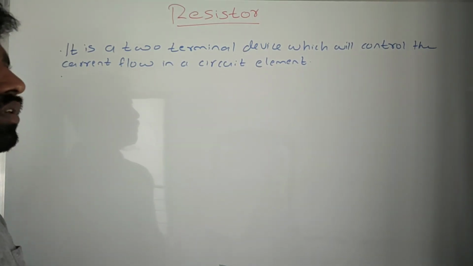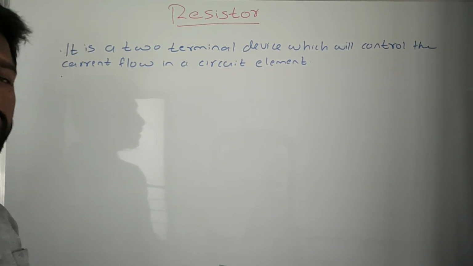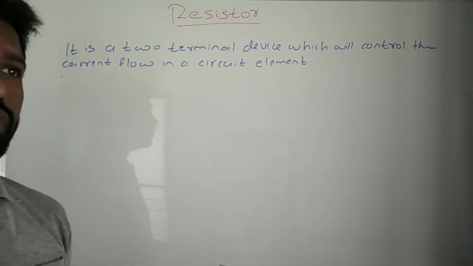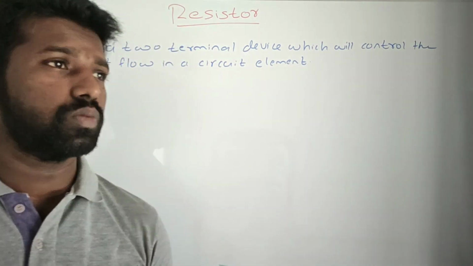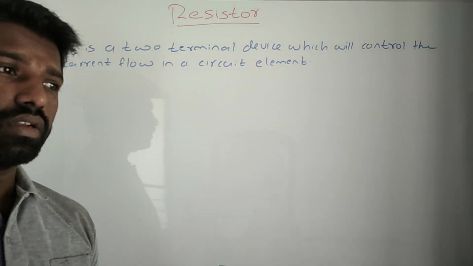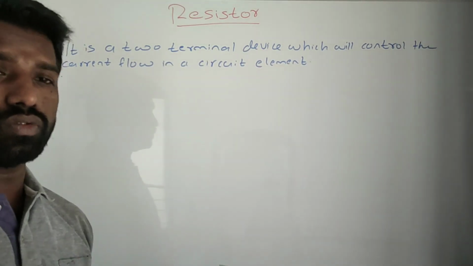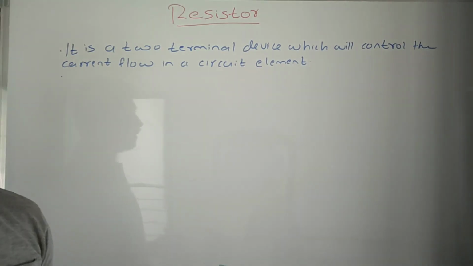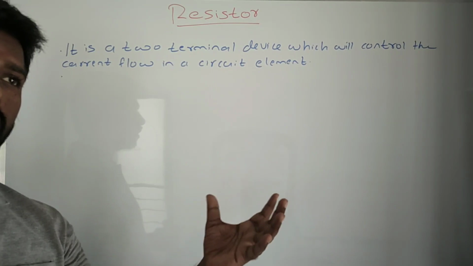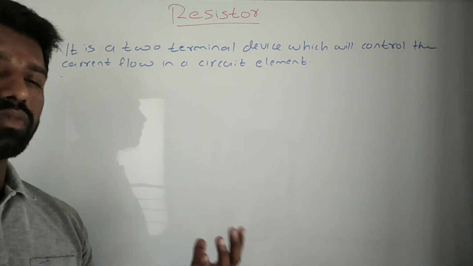That device is offering resistance, so it will give some opposition to the current flow. If more resistance is there, the current flow will be reduced. If the resistance is lesser, the current flow will be a little bit more.